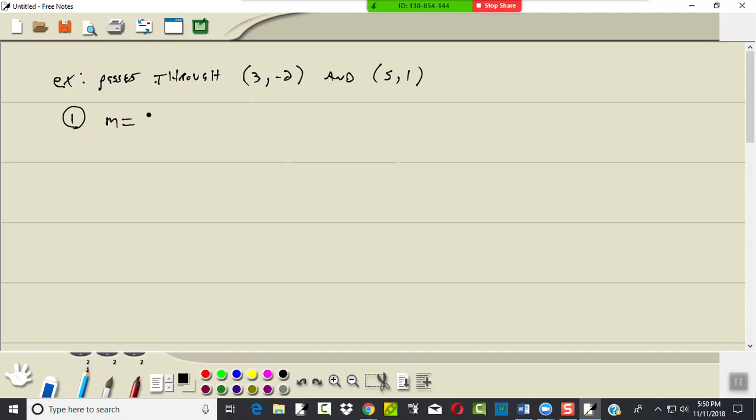Well, remember m is the change in y, y2 minus y1 over x2 minus x1. This is my first point, so this would be my x1, this would be my y1. This is my second point, so that'll be x2, that'll be y2. y2 we said was 1, minus y1, which is -2, over x2, which is 5, minus x1, which is 3.